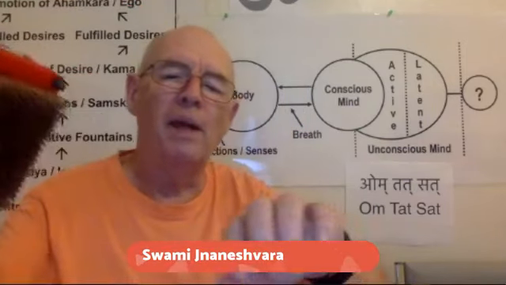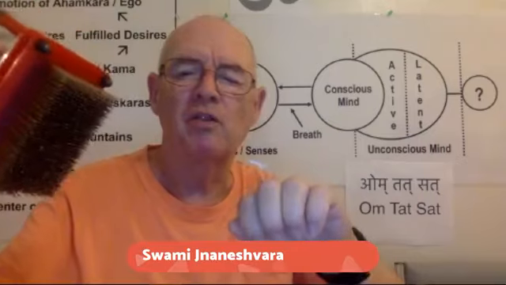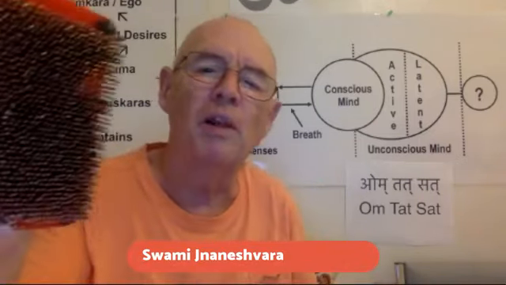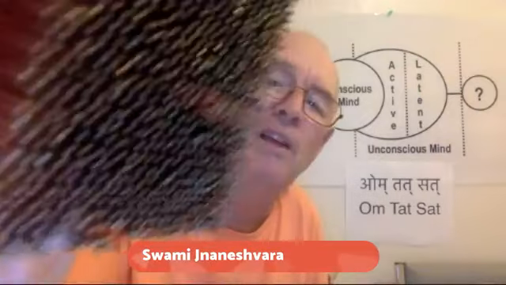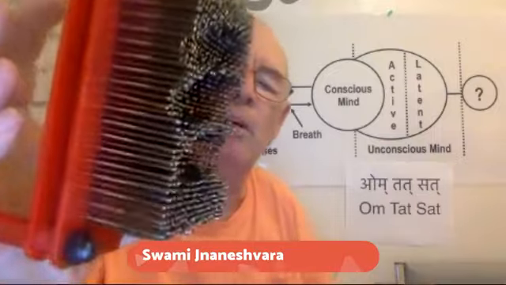Think of this as a symbol of Purusha. And when it comes in contact with a memory trace of Prakriti, remember, it's just a metaphor, so it's not perfect, but it says something. When the Purusha, which is completely formless, comes in contact with the Prakriti, it takes on the forms. In this case, it takes on the shape of my hand.